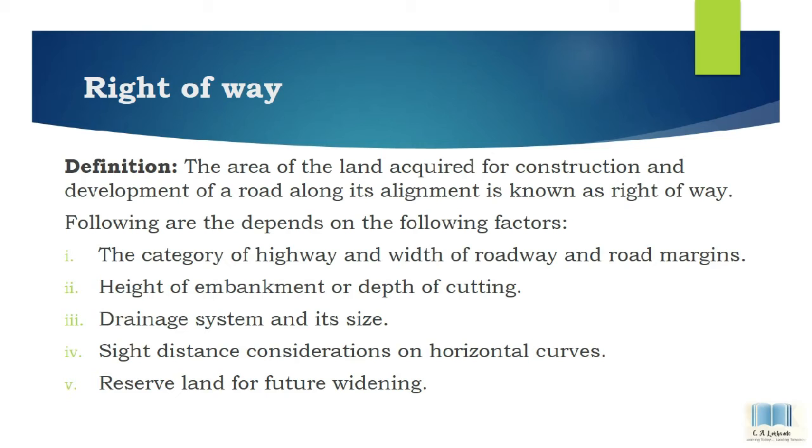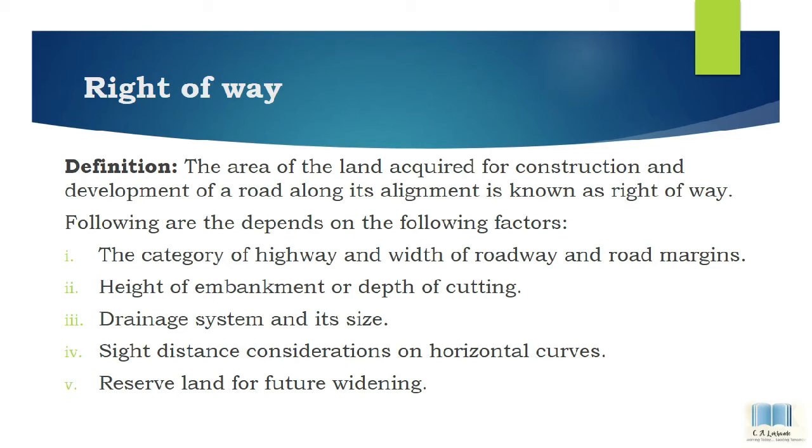Here embankment means the area or distance where the road is constructed on a raised surface filled with soil and sufficiently compacted. That is, the length of surface filled with soil is embankment. Okay, then the next is drainage system and its side.